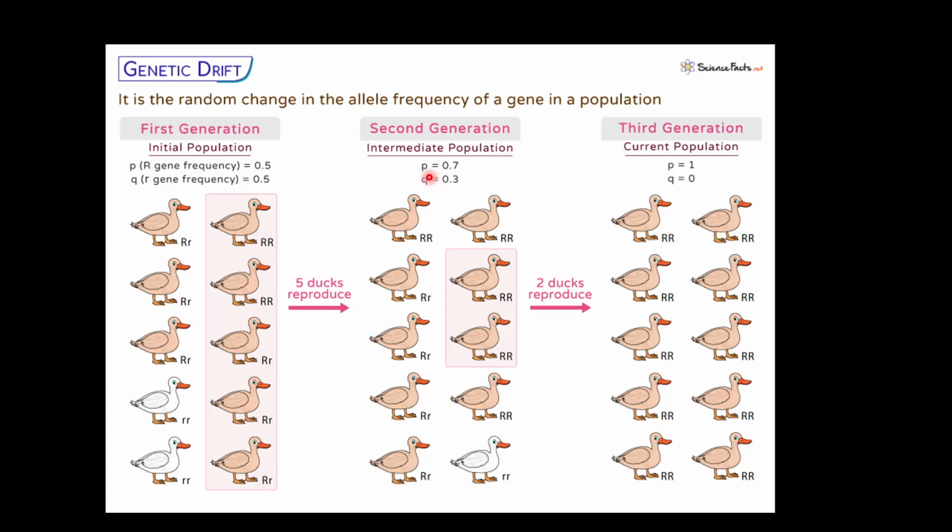The frequency becomes 0.7 and 0.3 in case of red and white colored ducks respectively. But in the last generation or current generation, it is found that total eradication of white colored ducks occurs here. Only red colored ducks are available here.